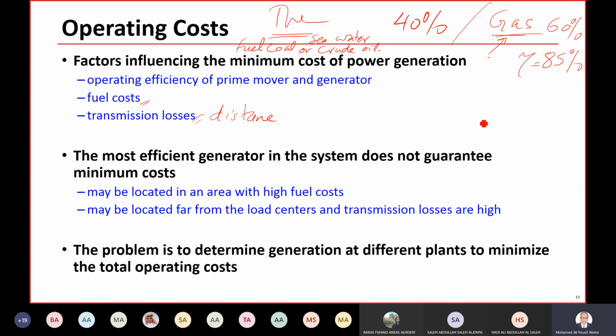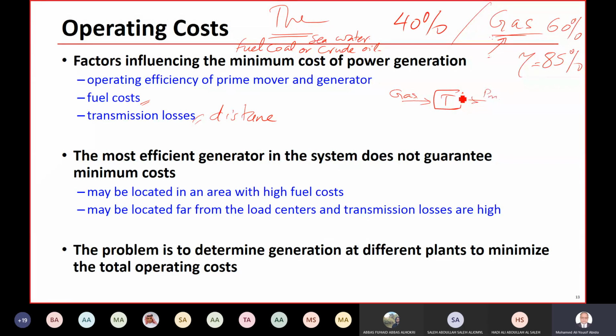In a closed cycle, this is the turbine. You have gas here, and this gas will give some mechanical power, a conversion at the end.